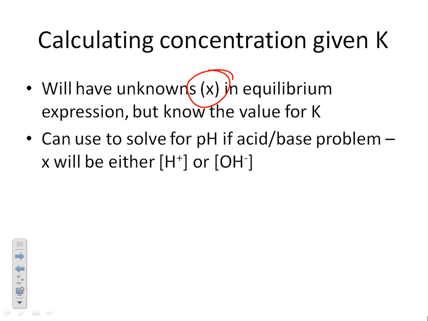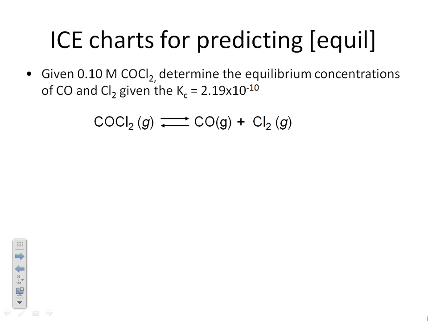This is going to be used in Ka, Kb problems because H plus or OH minus are concentrations that you could solve for from your equilibrium expression if you know the Ka or Kb value, and then use that to determine either pH or pOH, depending on what the question was looking for. So in using unknowns in our ICE chart, we have to go through a process.